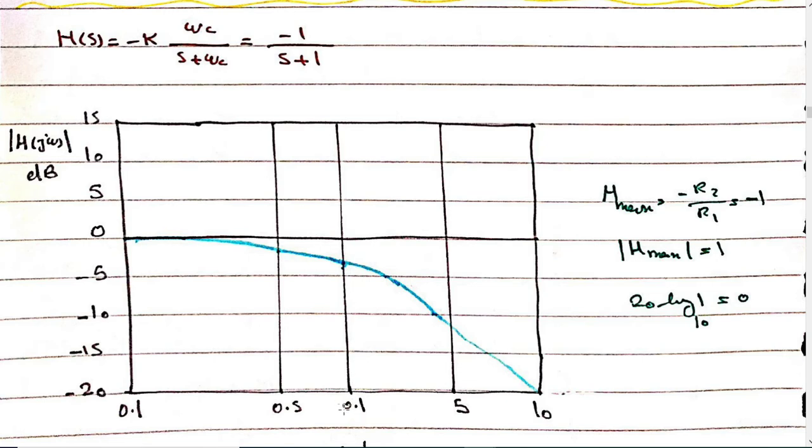This one is 1, it is not 0.1. Please correct it in my notes. So the cutoff frequency is 1 radian over second.